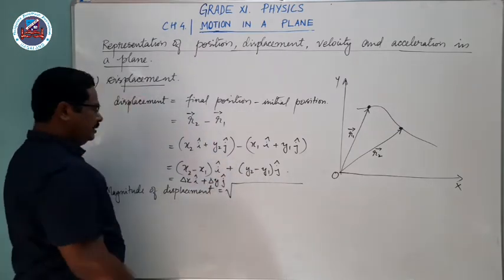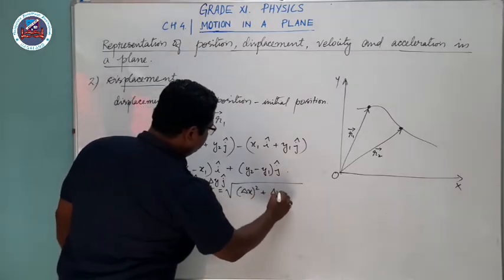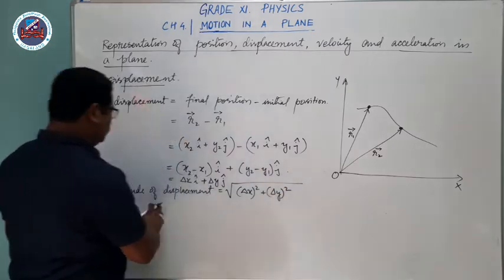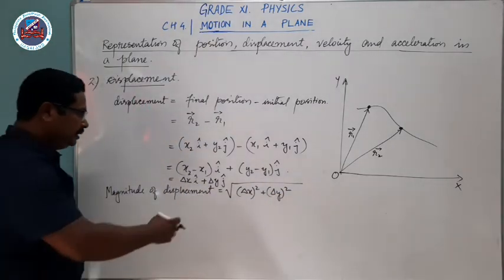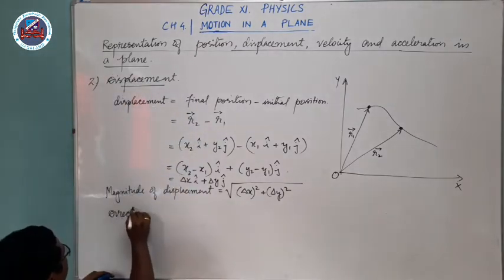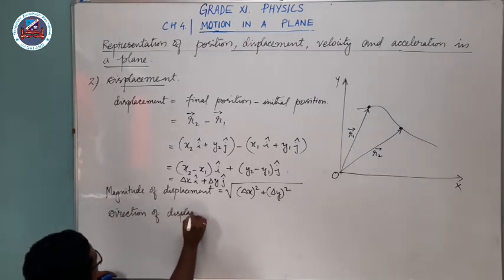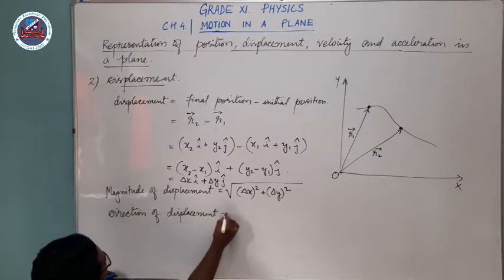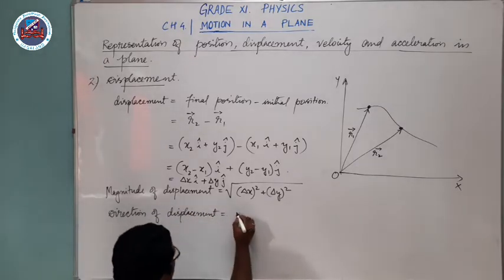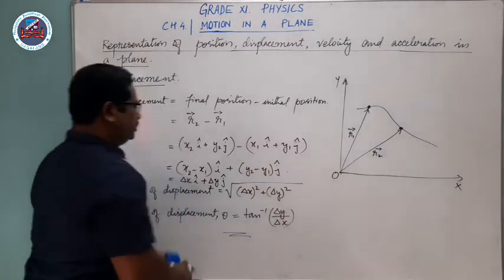Then the magnitude is root over delta x square plus delta y square. After getting the magnitude, you can find the direction of the displacement vector, which we represent with theta, equal to tan inverse of delta y divided by delta x. This will give you your direction.